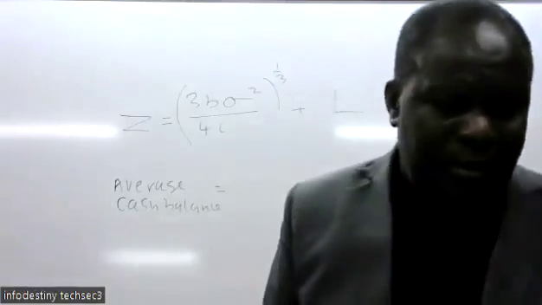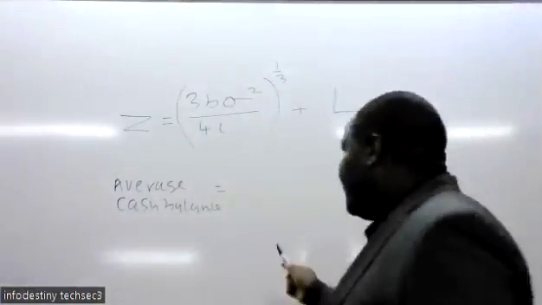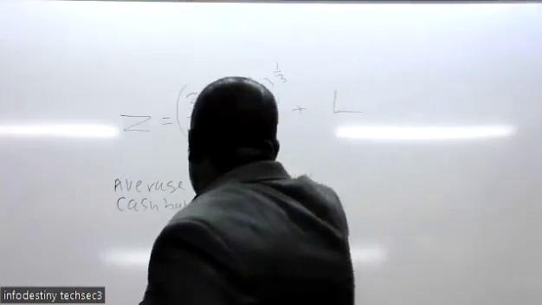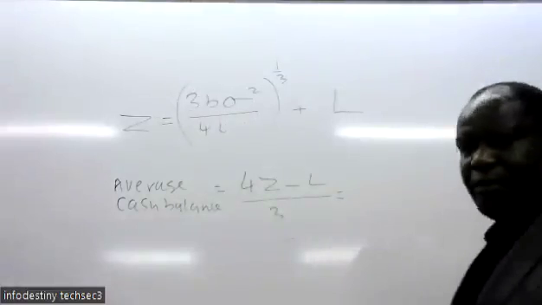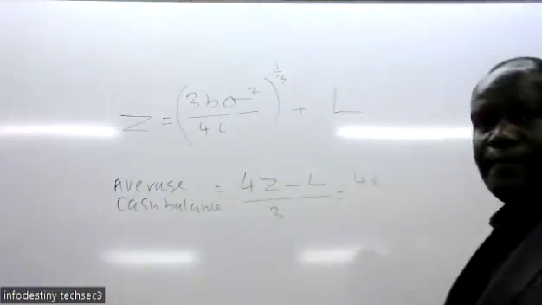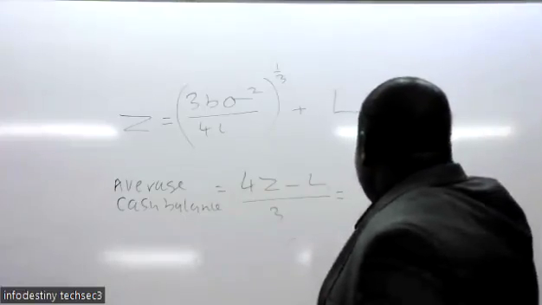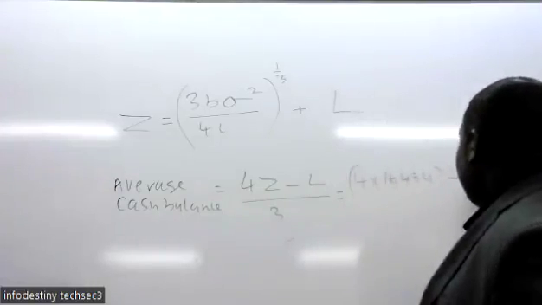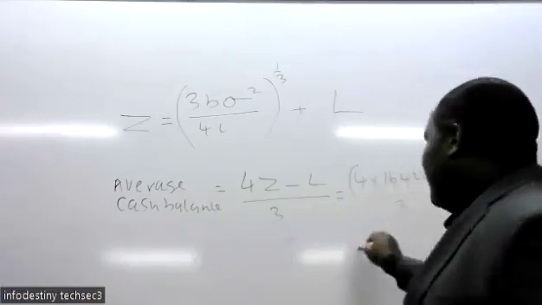It is given by 4Z minus L, divided by 3. So that is 4 multiplied by 16,434, then you minus 8,000, then divide by 3.